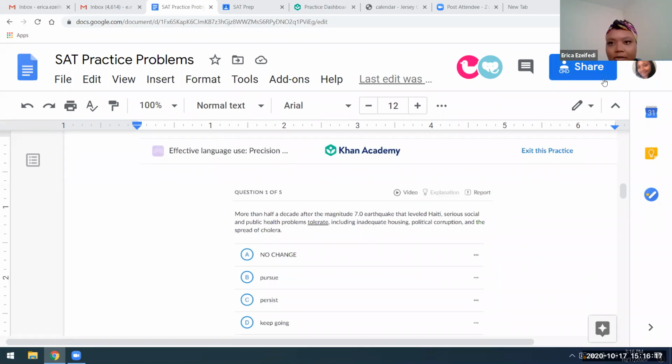Does anyone else want to contribute to what they think the answer is? We got C from Divya. I'll give you guys a minute to see what you think it is.